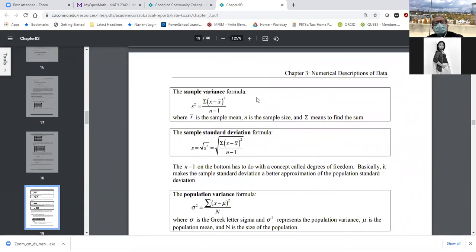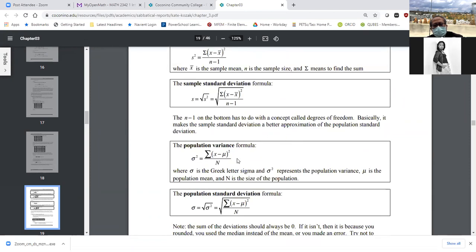So this is the sample variance, using this formula, and then the sample standard deviation is simply the square root of the variance. But you need to subtract 1 from the sample size.